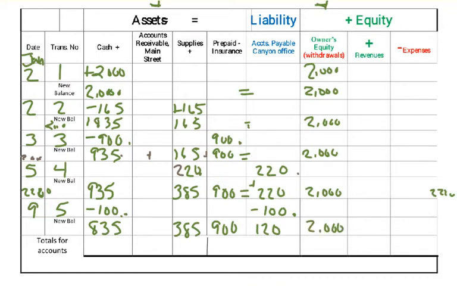So now if we total our two sides of the equation, $835, $385, and $900, we have $2,120 in assets, and we balance here also. So far, you're doing a great job. We are balanced. Let's keep going.